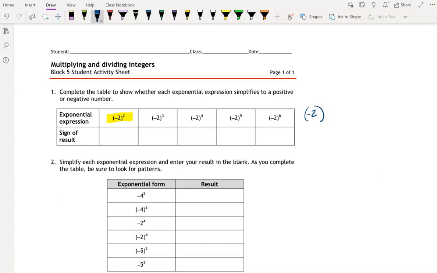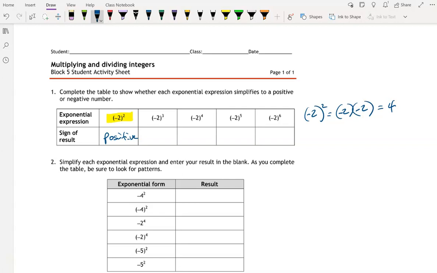Negative 2 to the second power means that we are multiplying negative 2 times negative 2. Our rules for multiplying say that if we have an even number of negative signs, our result will be positive. So negative 2 times negative 2 is positive 4. The sign of the result will be positive.